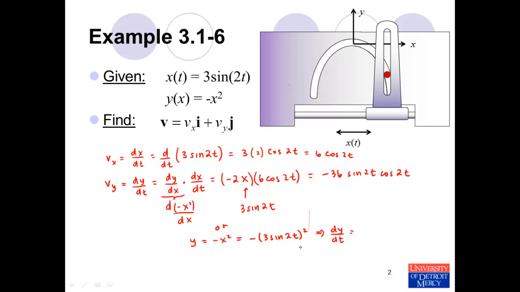We'll go ahead and start at the innermost function. The derivative of 2t with respect to time is just 2. So I'll have that negative sign out front. The derivative of the innermost function is 2. Then going in, we have a 3 sine 2t. So keep the 3 out front.